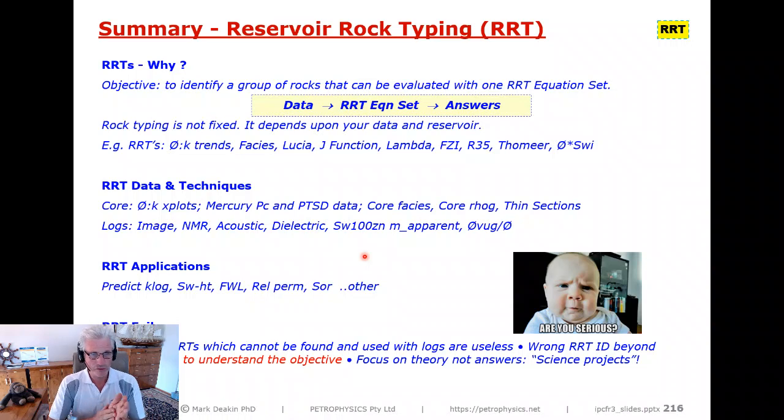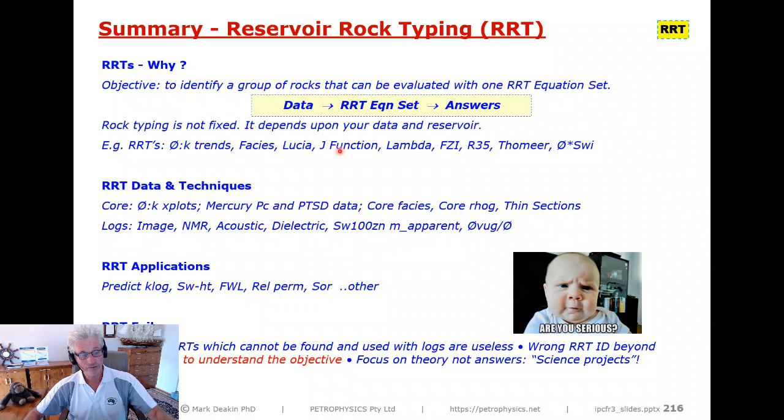So reservoir rock types, why then? This is kind of a summary slide of all this. The objective is to identify a group of rocks that can be evaluated with one equation set. And because I often use the J function, I normally define my rock types in terms of a J function. In other words, if that rock can be evaluated in this J function and get me answers that are reasonably accurate, then I'll call it that rock type.